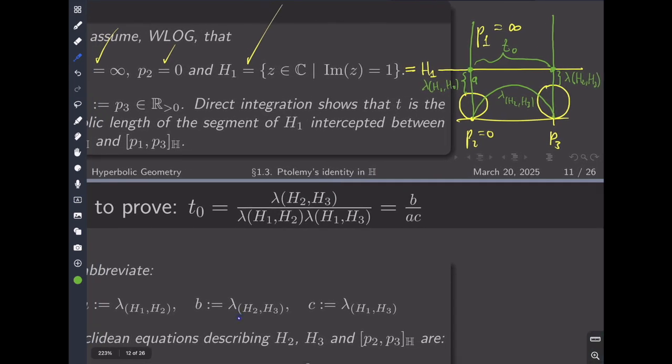B is from 2 to 3, so this one becomes B, and this becomes C. So those are the abbreviations. And what I want to show with them is that T0 is equal to B divided by AC.